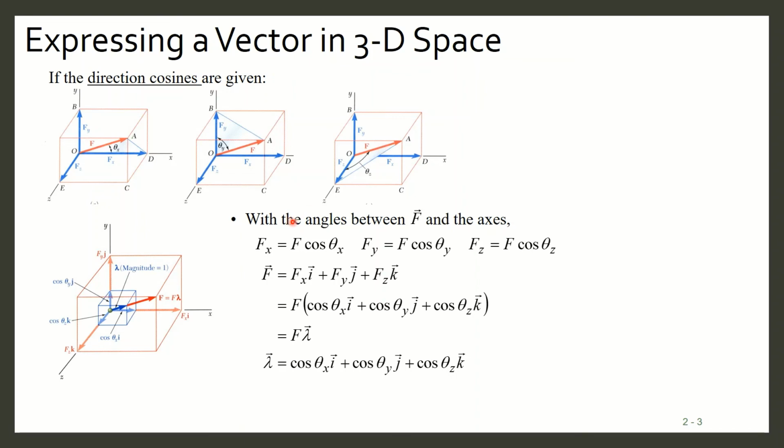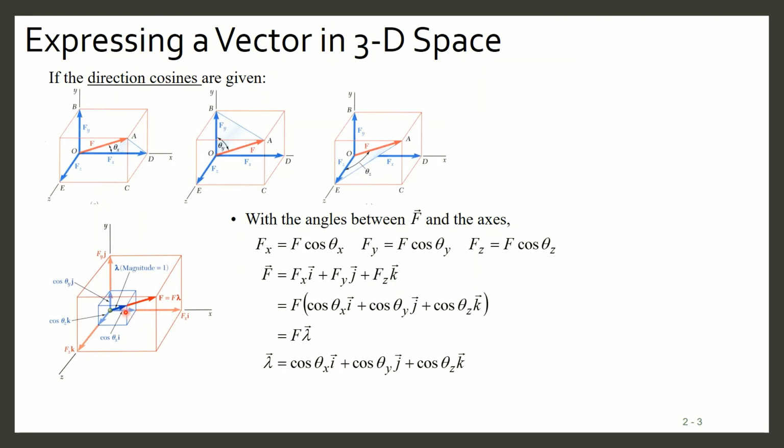Now we can easily resolve it into components. Fx will be F cos theta x, Fy will be F cos theta y, and Fz will be F cos theta z. And also we can write F is equal to Fx i plus Fy j plus Fz k in the form of unit vectors, which we have learned in the previous video.